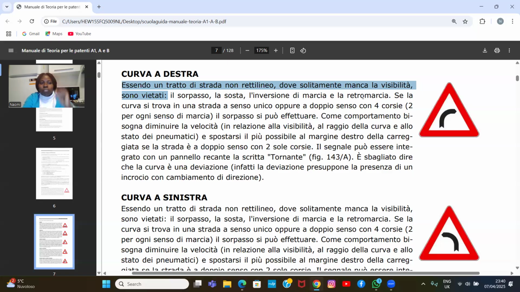The visibility of what is coming at the other end of the road is not available. So these following things are not allowed. You are not allowed to do the following things.